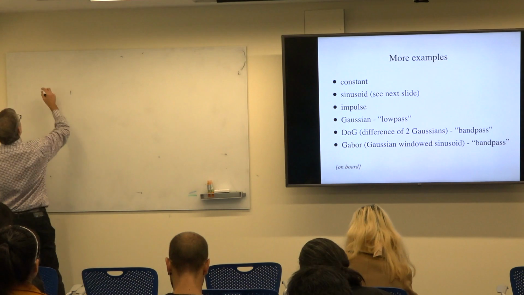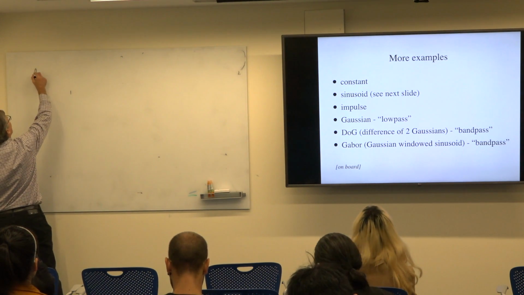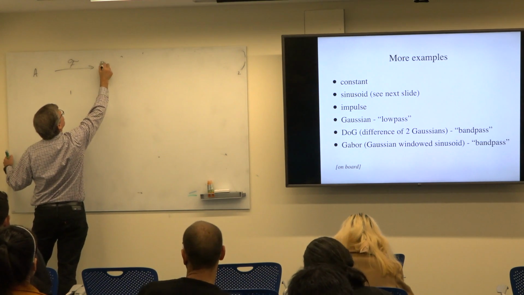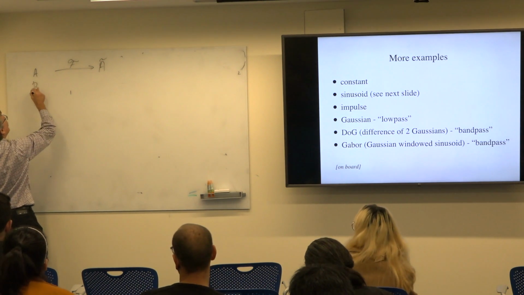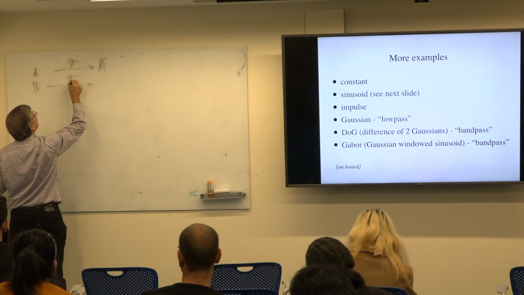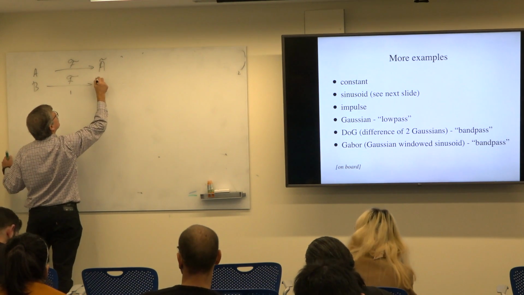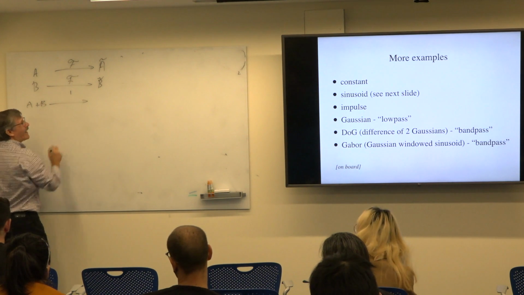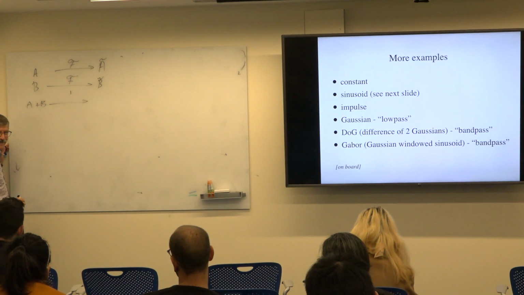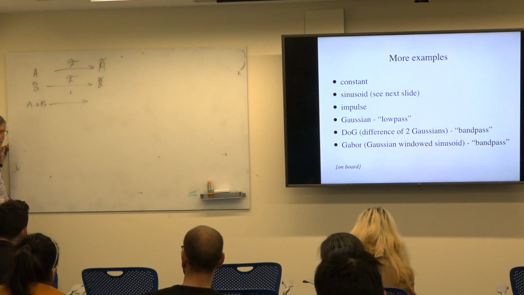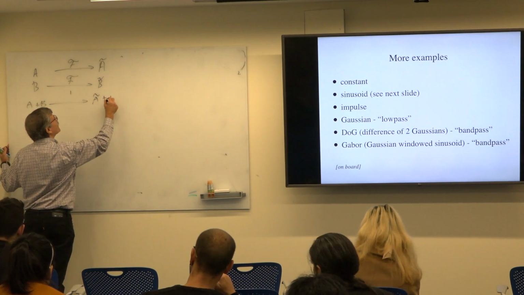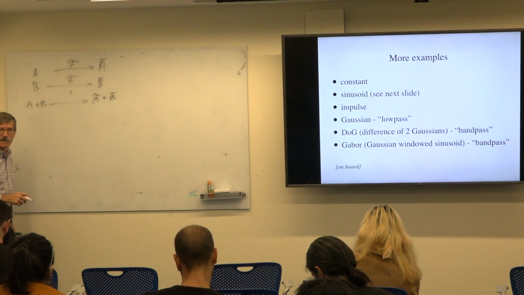So if we have a signal, A, and it Fourier transforms to A tilde, and we have a signal B, and it Fourier transforms to B tilde. If we take A plus B, we get, linear. Okay, so we get A tilde plus B tilde. I've already used that, and that was how I got the difference of Gaussians.